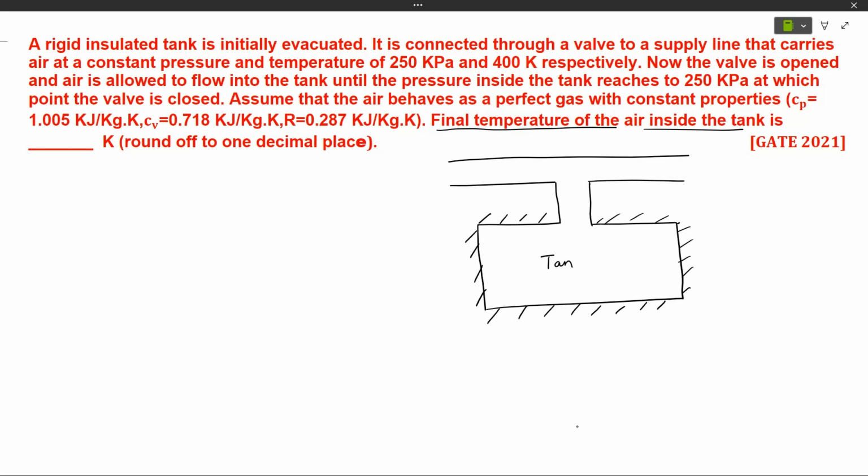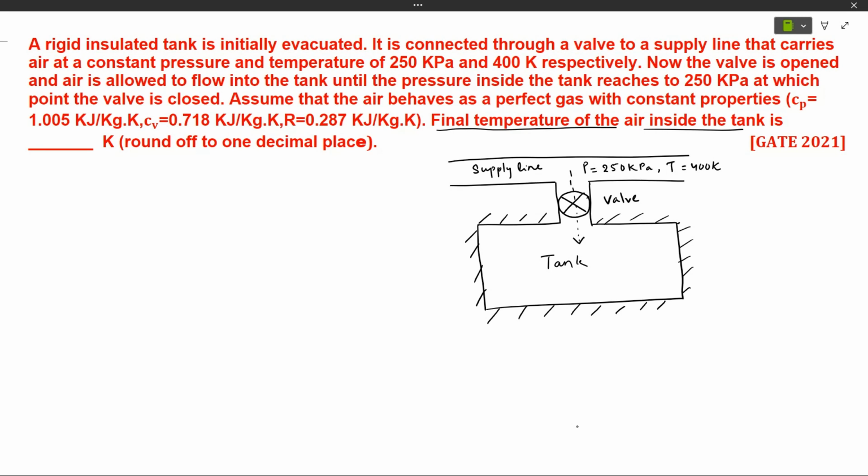So this is the tank and this is the supply line. The mass of air enters into the tank from the supply line by means of a valve. So this is the valve, having pressure 250 kilopascal and temperature 400 Kelvin.